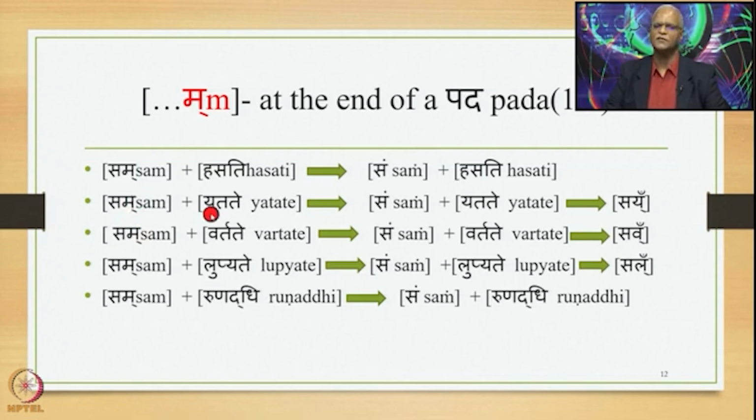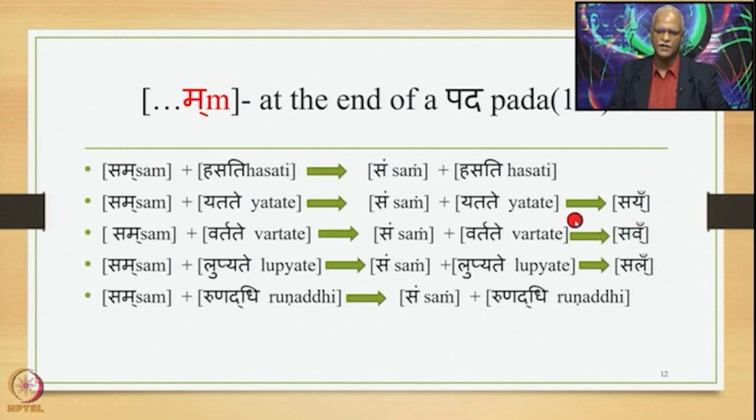So sam plus yatate, and here ya comes at the beginning of this pada, so this is hal, and so now this ma will be substituted by an anuswara like this, sam, which is an anuswara, sam yatate. Now because this is a yai, this anuswara will be substituted by the nasal parasavarna. The nasal parasavarna of ya is anunasika ya, sayyatate.